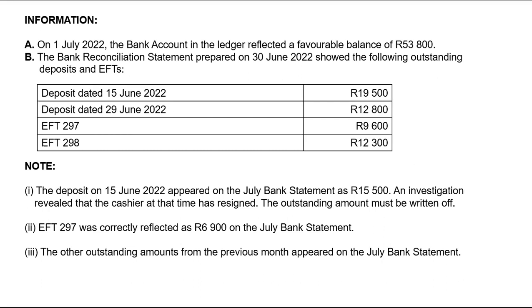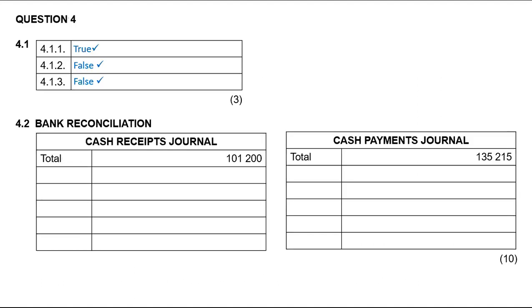Remember all the deposits are recorded in the cash receipts journal. The part that we did not deposit, which is the difference between the two, we are going to put in the cash payments journal so that it reduces that 19,500 that's already added to our bank account. I will record the difference between 19,500 and 15,500, and that difference will be 4,000.